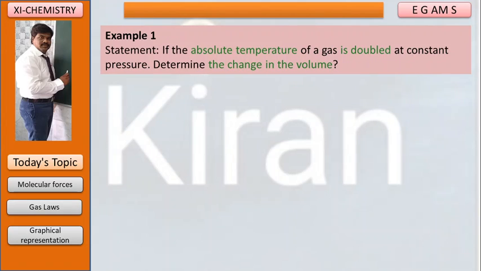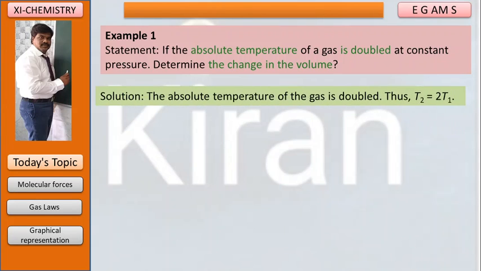Example statement. If the absolute temperature of a gas is doubled at constant pressure, determine the change in volume. Solution. Absolute temperature of the gas is doubled means T2 is equal to 2 times T. Absolute temperature means T1. We have a formula V1 by T1 is equal to V2 by T2.